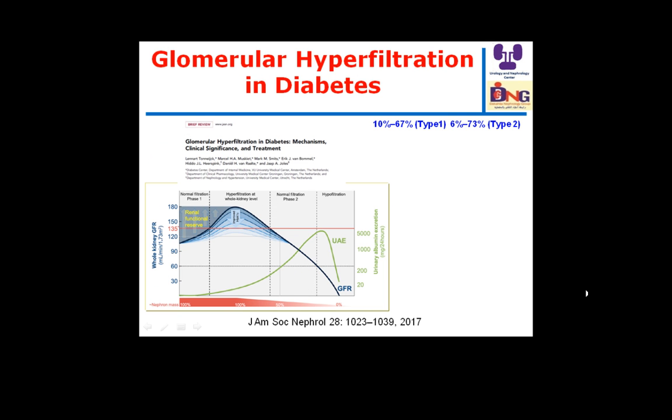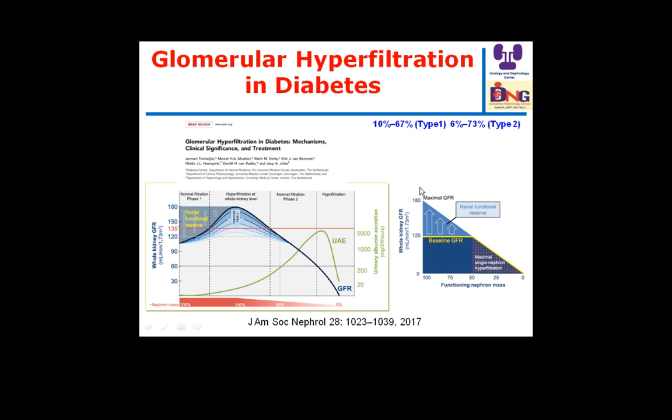To start with, hyperfiltration is there in early diabetes. What is meant by hyperfiltration? Hyperfiltration means the kidney increases its work to the maximal. So if the basal GFR is 120 ml per minute, the kidney can increase this GFR up to 180.